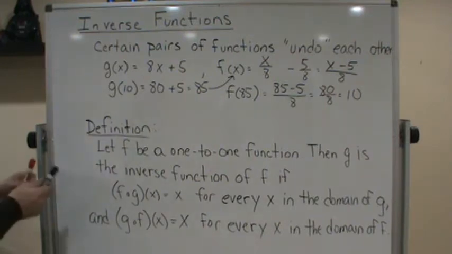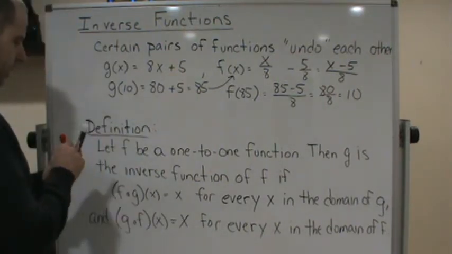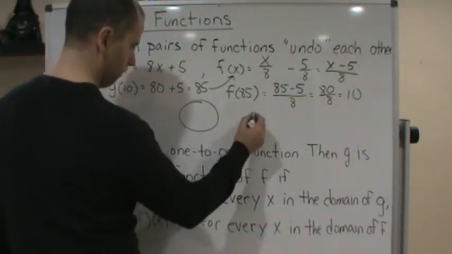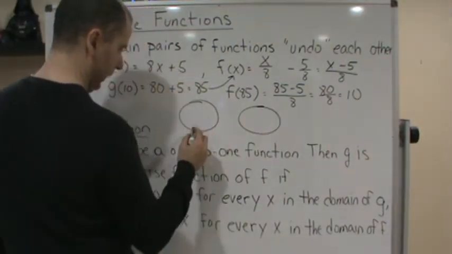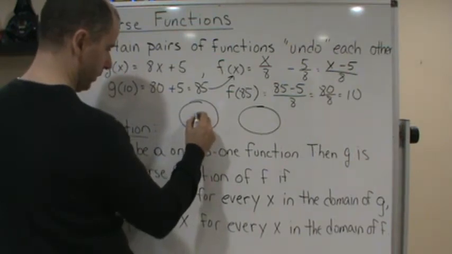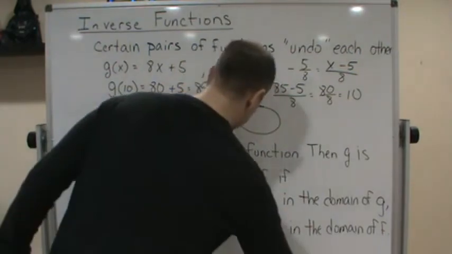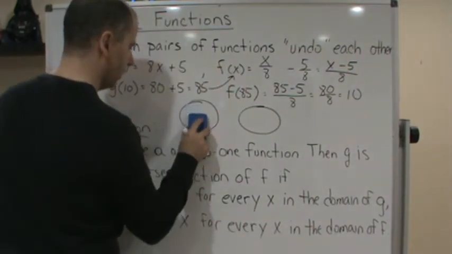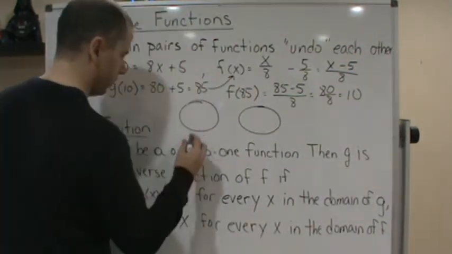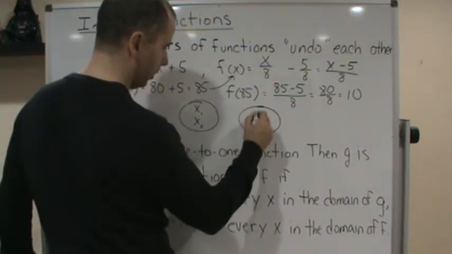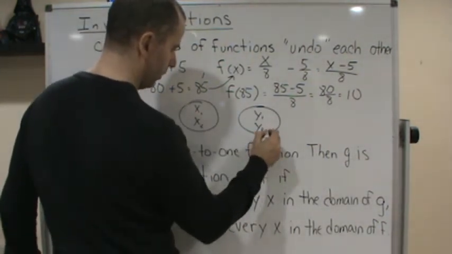So if you want a visual, it looks something like this. Let's go x1, x2, y1, y2.